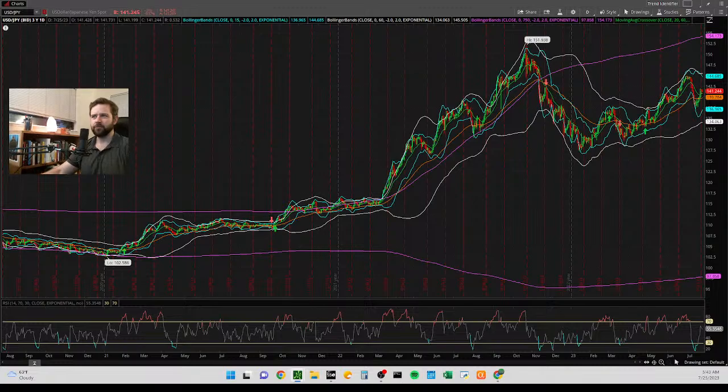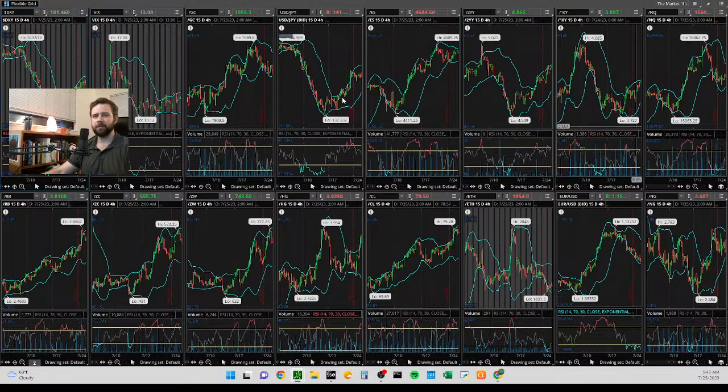I'll probably control things on the other screens and just have it pop up on this one. I'll probably keep this grid up all day, or at least as long as I'm live. Probably zoom in on specific stocks that I'm actually trading, stocks and ETFs and currencies. I like to trade all of it.